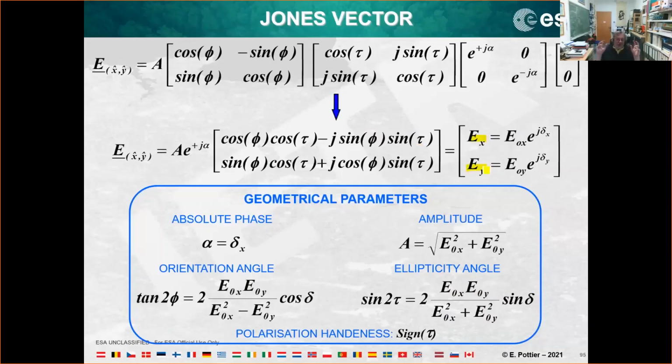And according to what I have just introduced to you, from this information, I can reconstruct immediately the geometrical parameters. For example, the orientation of the ellipse will be given by this relation here, which is a function of the magnitude of the two components, and which is a function of the phase difference of the two components.